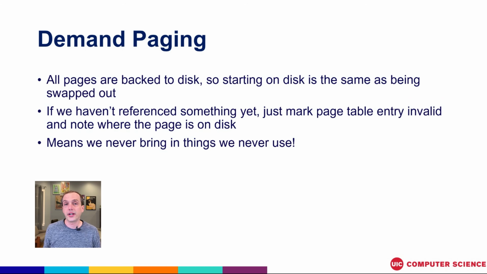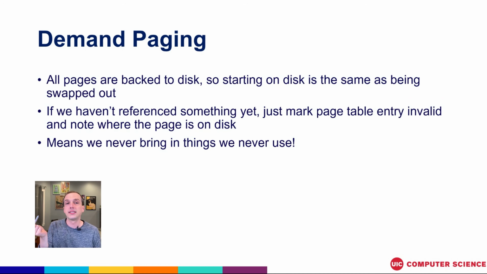Probably the most clever trick that we've seen in virtual memory is this concept of demand paging, where all pages start out as backed by the disk and are marked as invalid when they are mapped into memory, such that the mapping exists between a specific address of virtual memory to a specific offset within a file, but the actual bytes have not been pulled into memory yet.